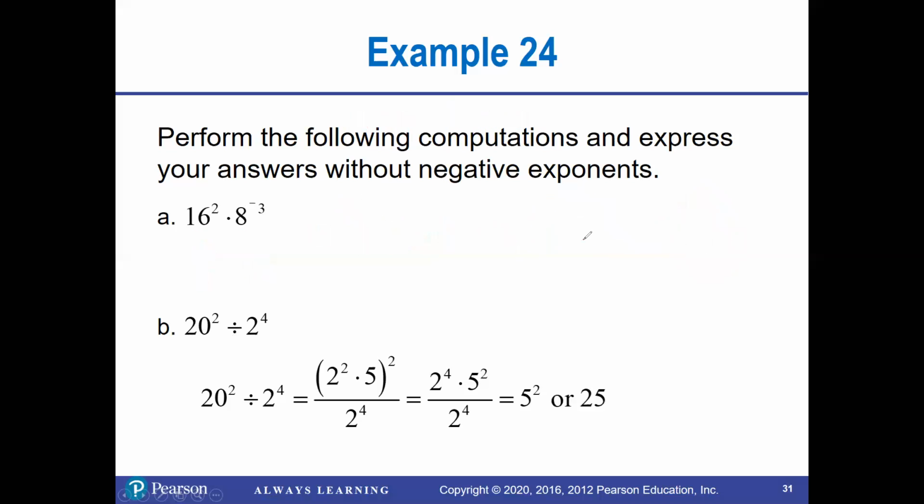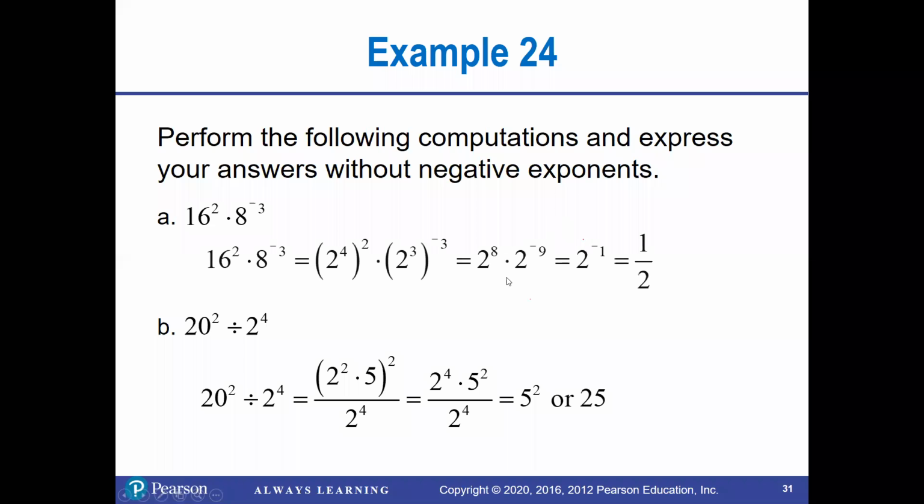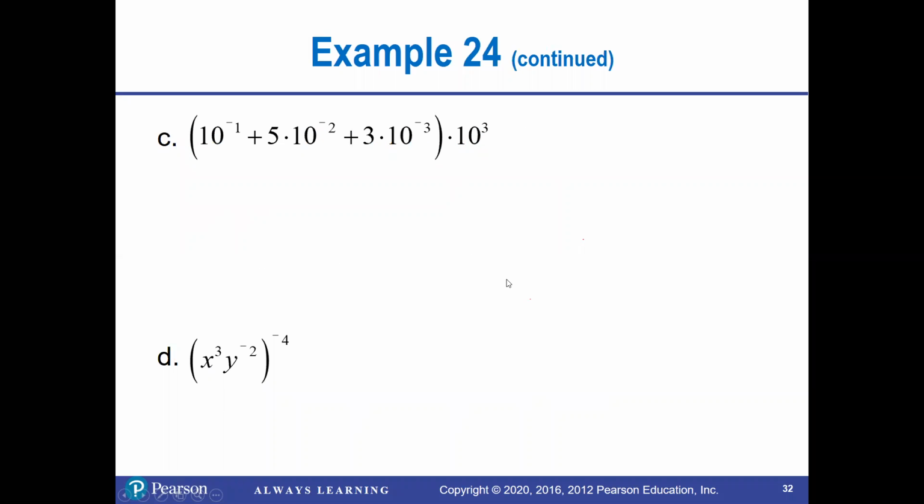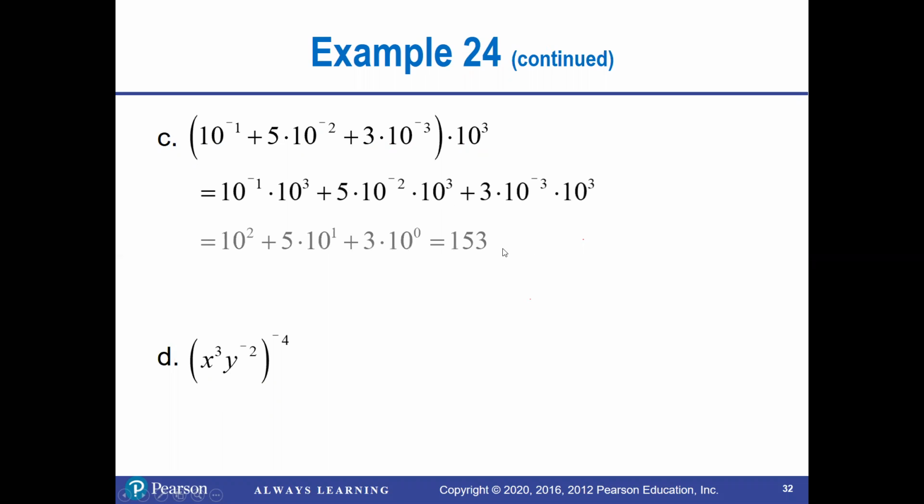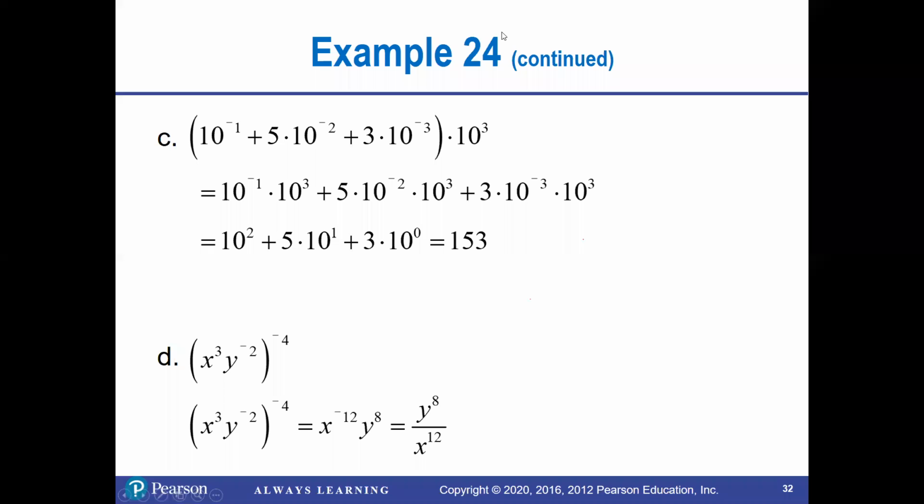So I'm going to go ahead and go through these. I do want you to be able to do letter D, sorry. Because I think letter D is important just to know some of your exponent rules.